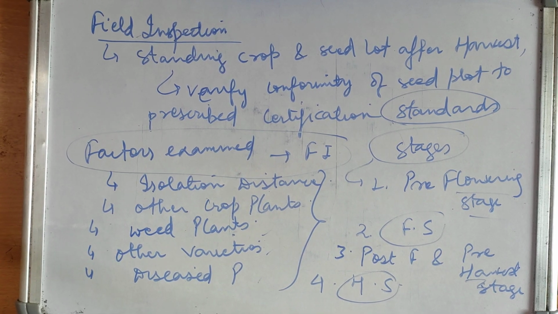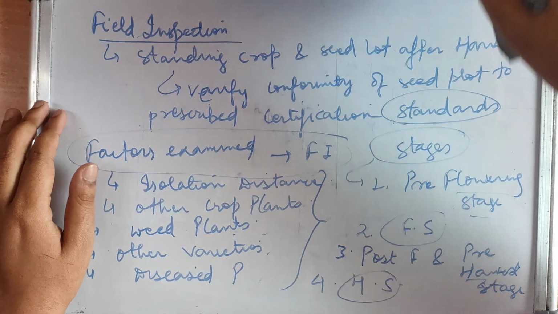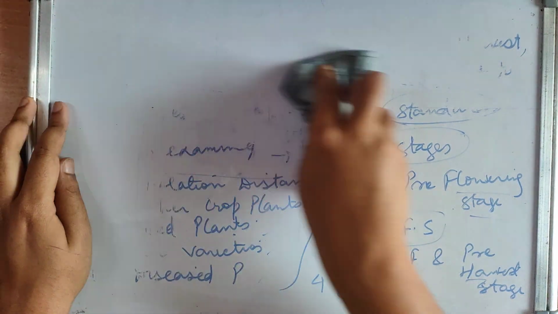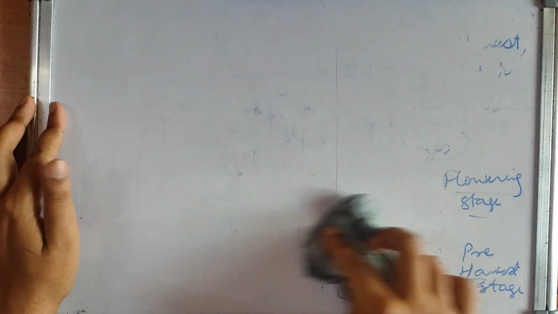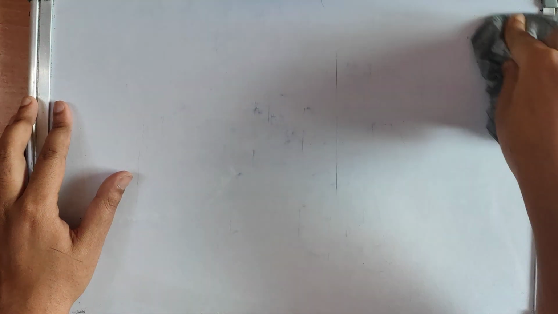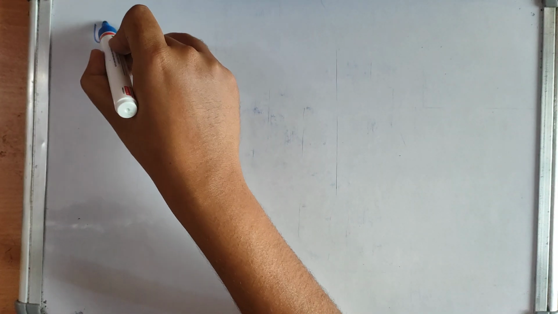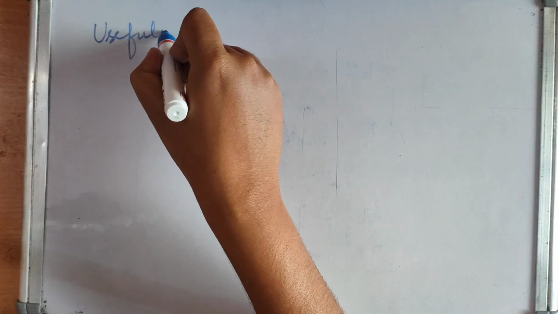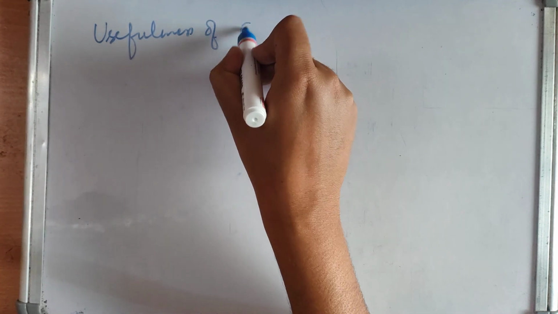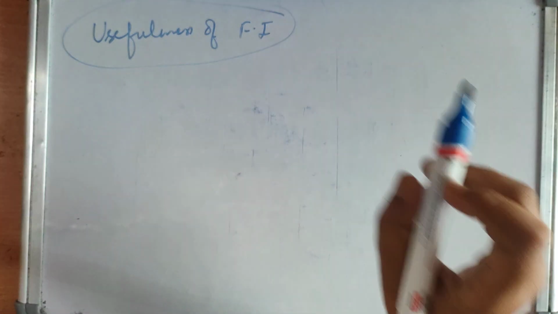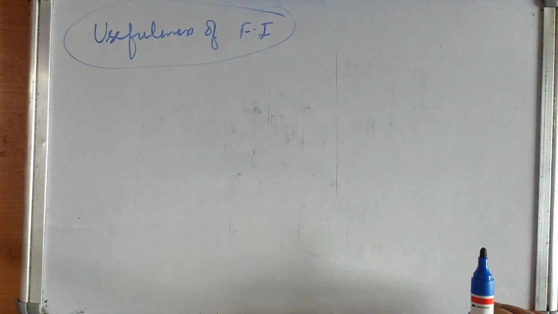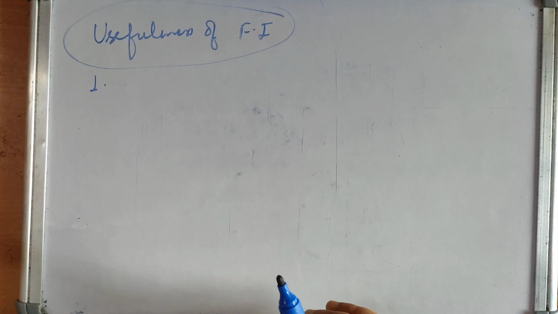Now moving on, what is the usefulness of field inspection? Why is field inspection useful? First of all, it helps verify the origin of seed and identification of variety.